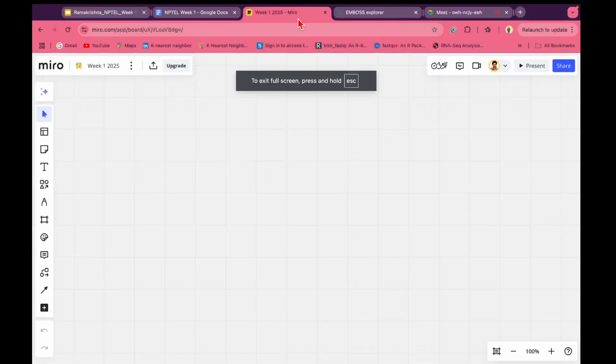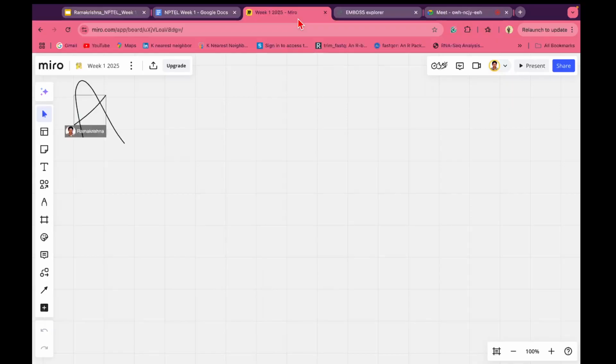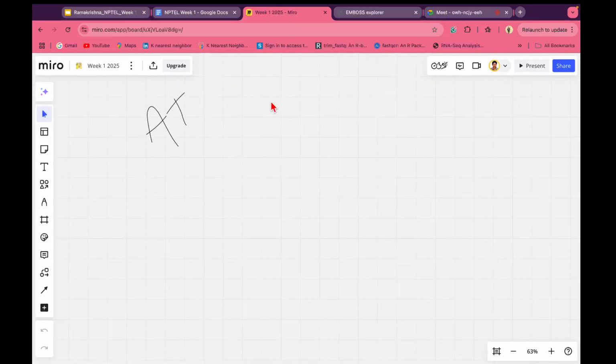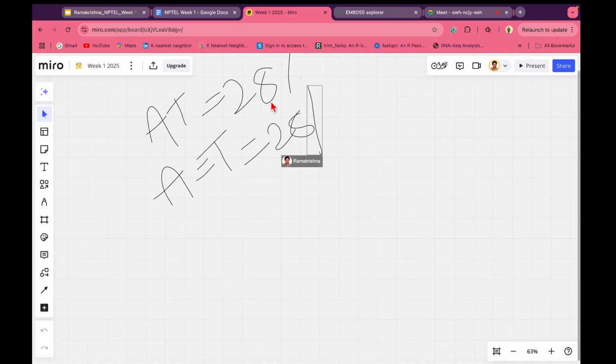Yeah, let's move on to notepad again. Given AT content equals 28%, we can also consider A equals T, which will be 28 by 2, so it is 14% of each.